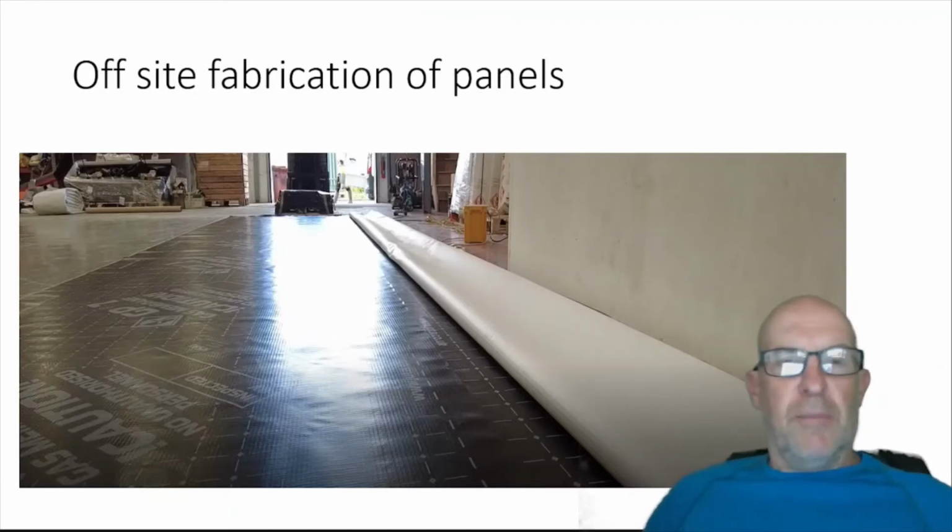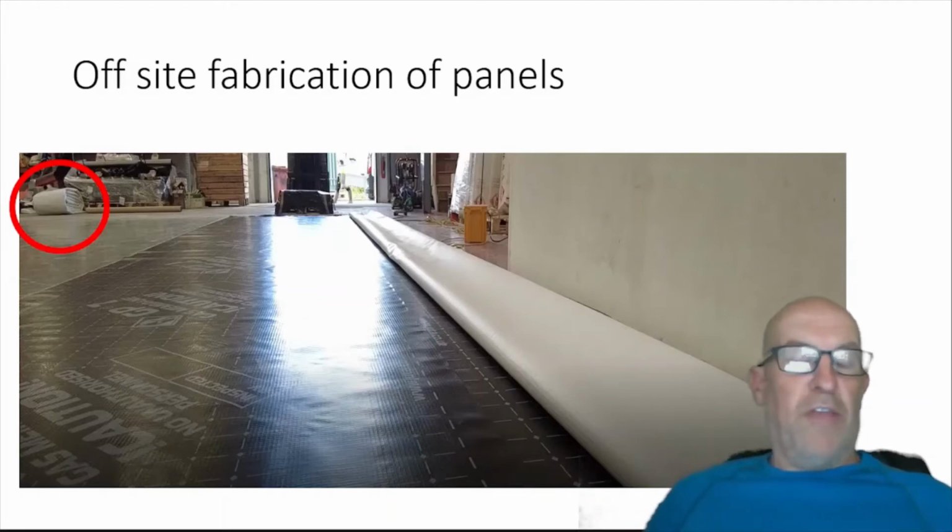We can also think about off-site fabrication of panels. Now, here we can see there's actually a panel circled in the background. This particular company, due to weather conditions primarily, but also for speed and ease of production, fabricate panels off-site in a clean, safe environment, a lot less harsh than being on site.